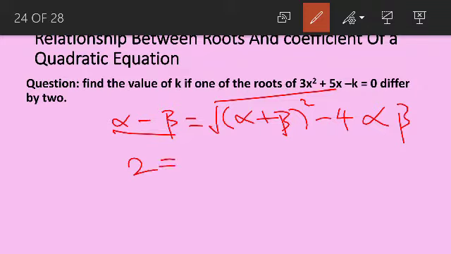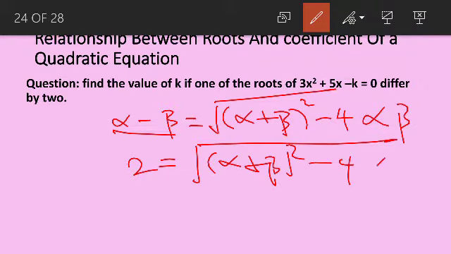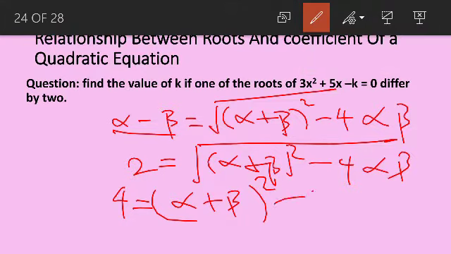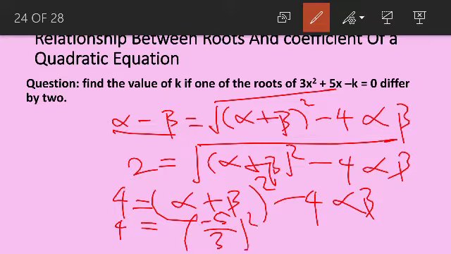So we have 2 equal to the square root of alpha plus beta all squared minus 4 alpha beta, which when we square both sides is going to be 4 equal to alpha plus beta all squared, then minus 4 alpha beta. Okay, so if we substitute the values, we are going to get 4 equal to alpha plus beta, which we got as minus 5 over 3, so that's minus 5 over 3 all squared, then minus 4 times alpha beta, which is minus k over 3. Okay, so you can write that down somewhere.